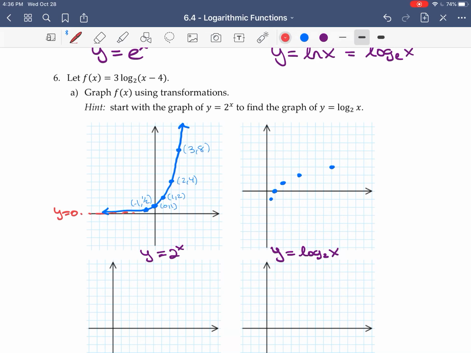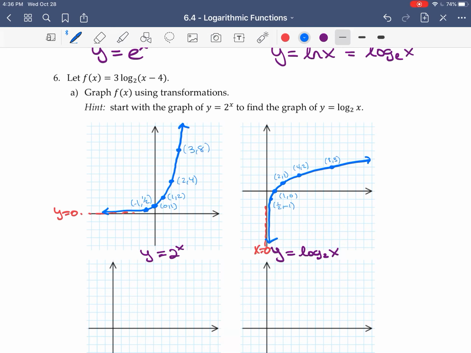And my horizontal asymptote has now become a vertical asymptote. So my graph looks like something like that. That's the graph of log base 2 of x. All we did was switch the x and y coordinates.